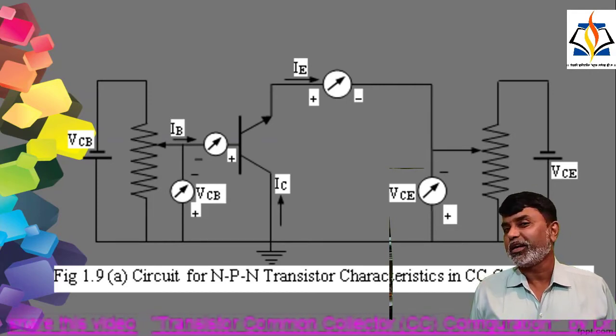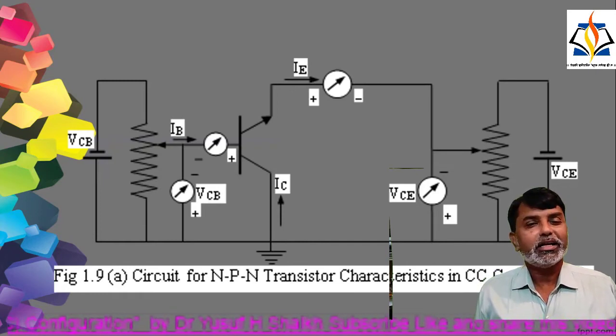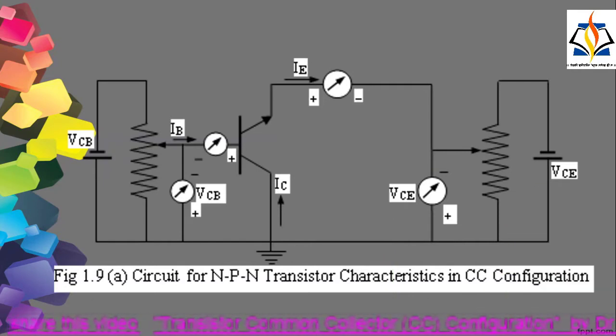A microammeter is connected in series with the base to measure the base current IB. A voltmeter is connected across base and collector terminals for measuring base collector voltage VCB. The emitter base junction is forward biased by using collector emitter supply VCE.